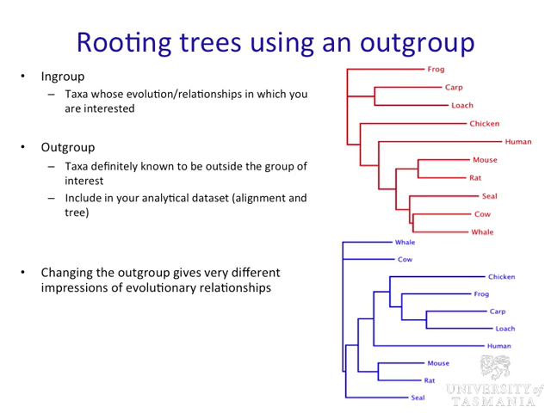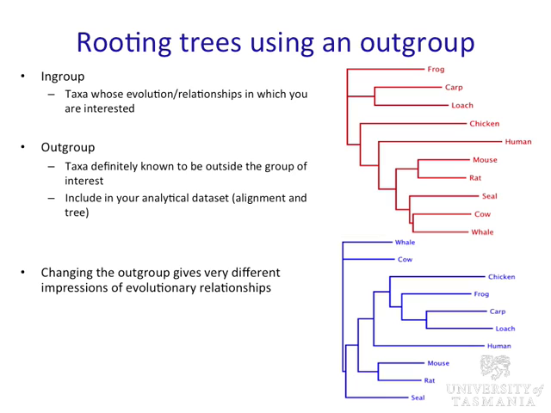So here's an example, same data set from the previous slide, but I've changed the outgroup. I've taken the same data set and told the analysis this is our outgroup, and then in the other analysis I said no, use this as the outgroup. There the outgroup was frogs, here it was whales and cows. Now those networks are identical, but all that's happened is we've bent the branches around from a different point: from this point here, whales and cows, and from that point up there, using frog as the bottom of the tree.